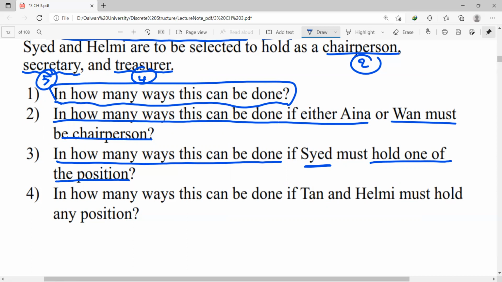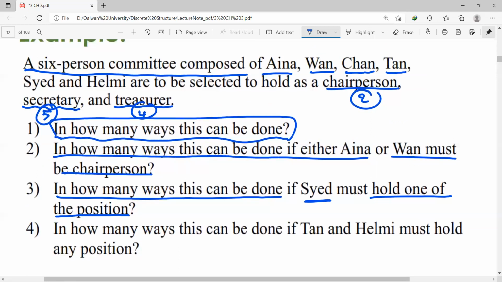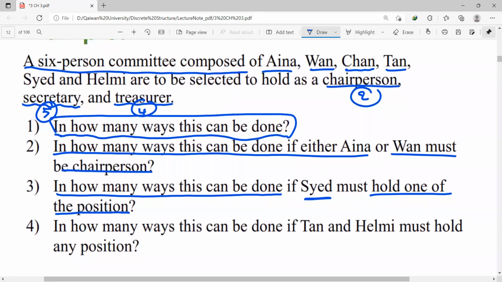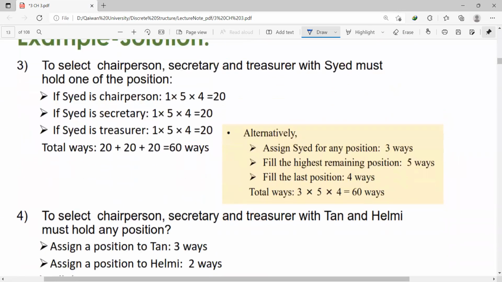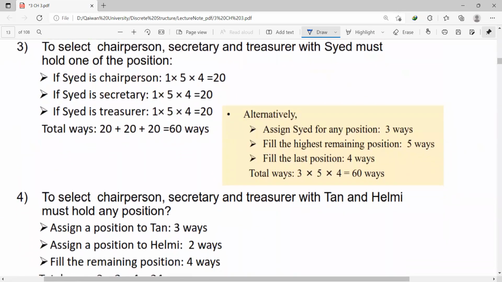He can become chairperson, secretary, or treasurer. So assigning Said to any position, we have 3 ways, because we have 3 positions.